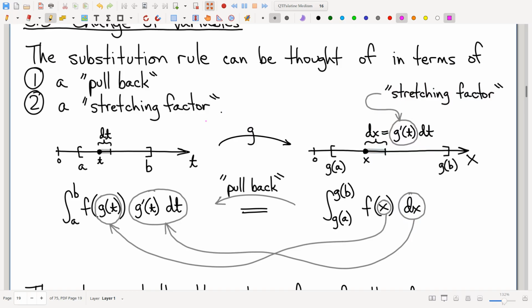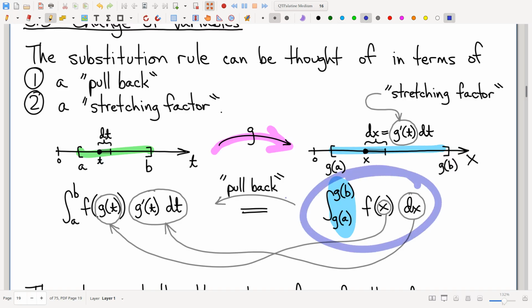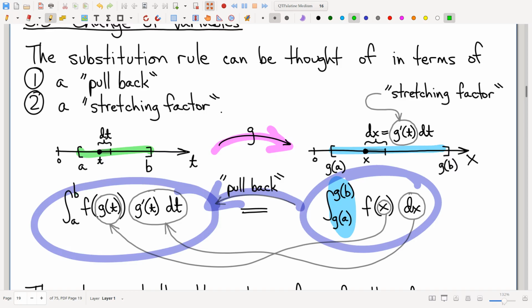And so we're going to do these same two things. We're going to establish a pullback. We're going to recognize that there is an appropriate stretching factor. Other than that, we're just going to take an input domain. We're going to see what comes out as an output domain. And if that output domain is the domain for an integral, we pull it back to get a new integral on that original input domain.